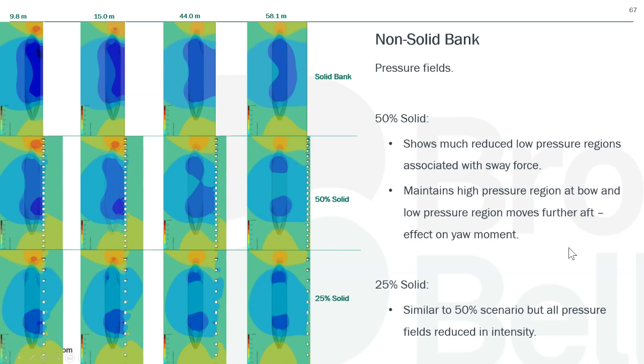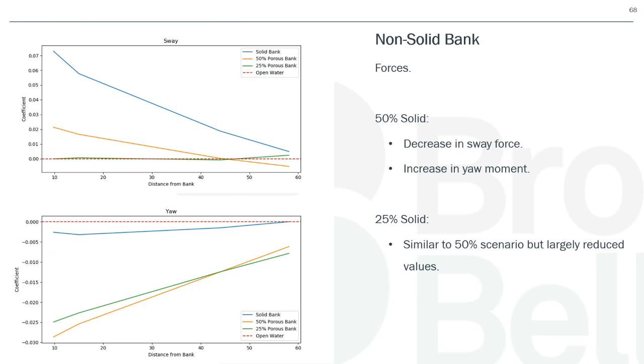And if we look at what this all means for the forces acting on the vessel, the blue line is for the solid bank, the orange is for the 50%, the green is for the 25% porous bank, and then the red dotted line is for the open water. And you can see that your sway force does gradually reduce with how solid your bank is, which is something we can understand from the reduction in the intensity of the pressures around your vessel.